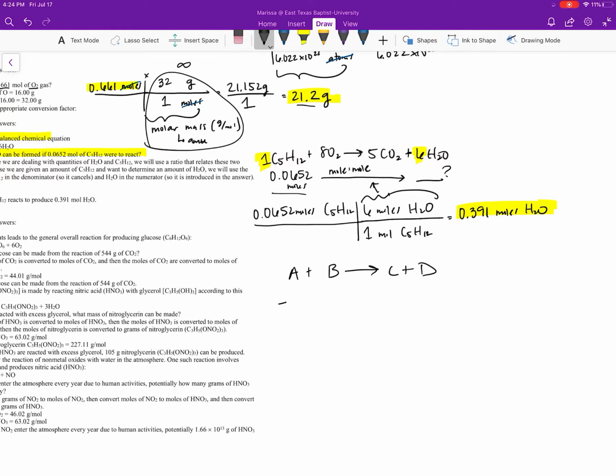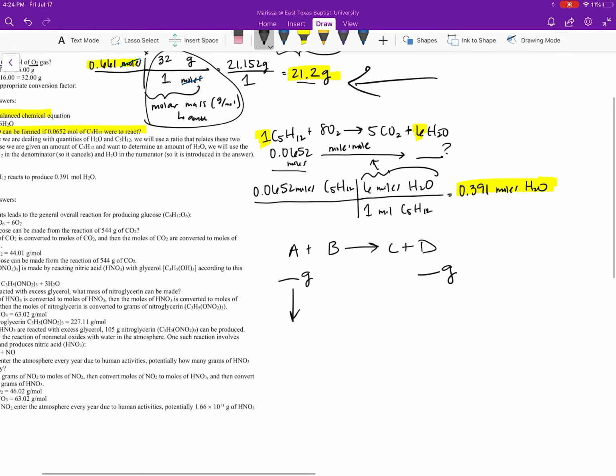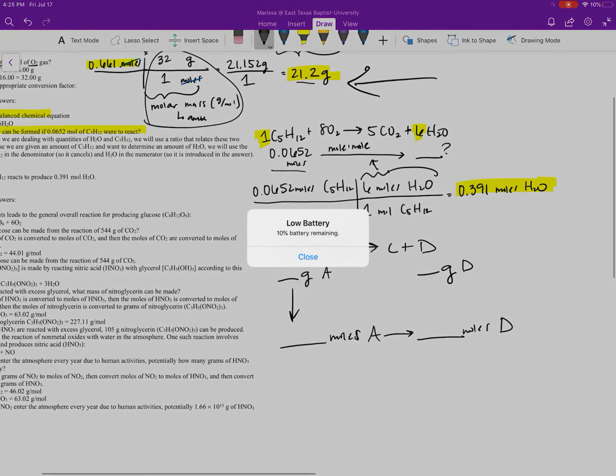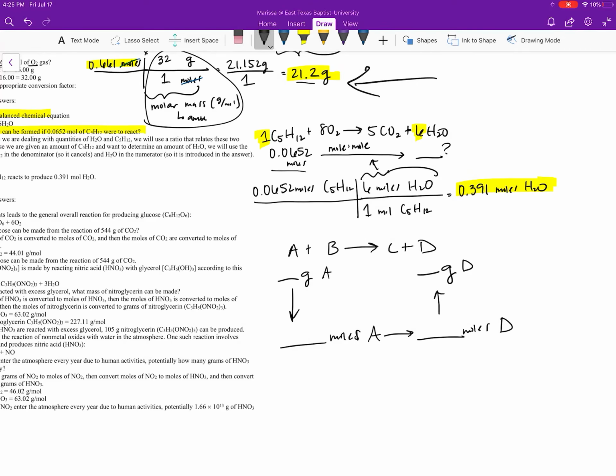Okay, so if I start with grams of something and I want to get to grams of something else, I have to do what I did up here, which is first I have to convert to moles of A, if that's what I'm looking at, grams of A, moles of A. Then I have to convert to moles of D. And I do that, and then I can convert to grams of D. And so to go from grams of A to moles of A, we're going to use the molar mass of A. To go from moles of D to mass of D, we're going to use the molar mass of D.